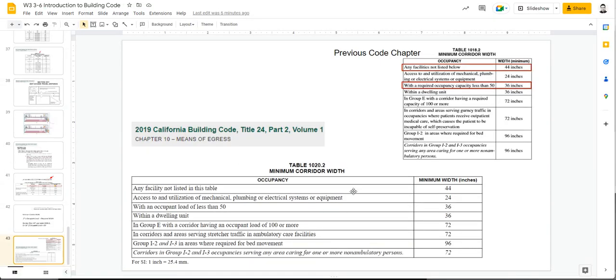You can look at this one, and they're primarily the same. Any facilities not listed below, 44 inches. With required occupancy load of 50, 36 inches. So yeah, we would have a minimum of 44 for our project if we have a corridor.